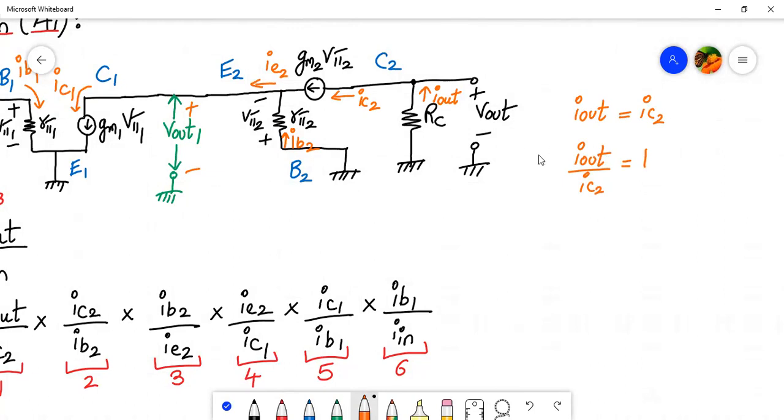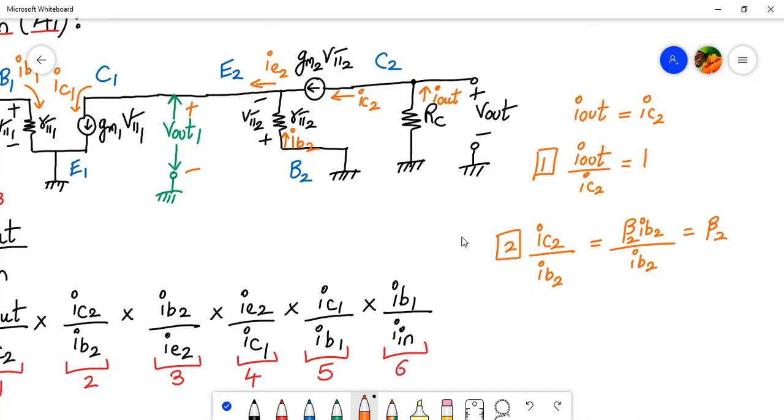And that was the first expression over here. So first is over. Next is IC2 divided by IB2. It's very simple. IC2 is beta times IB2, so your result will be beta 2 only. So this is the second expression over here.